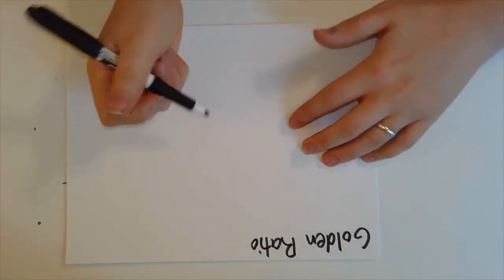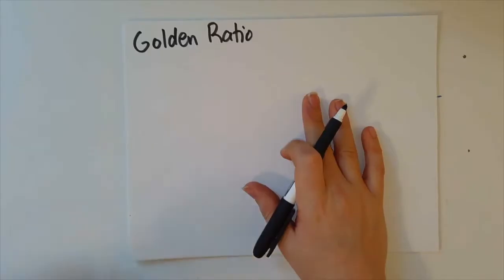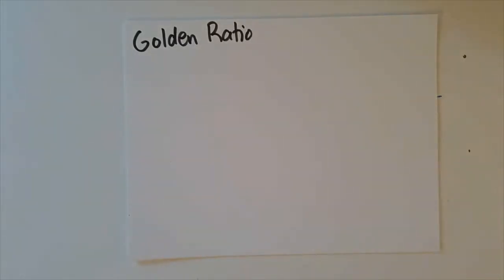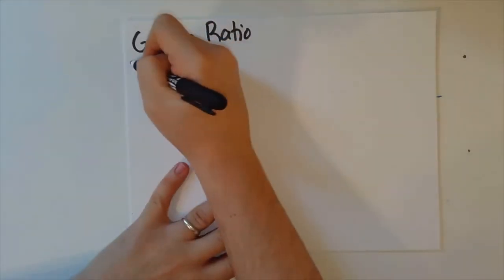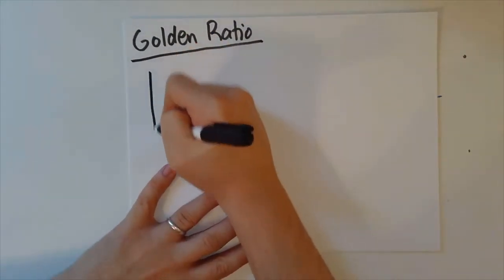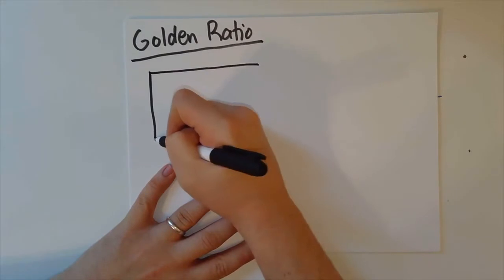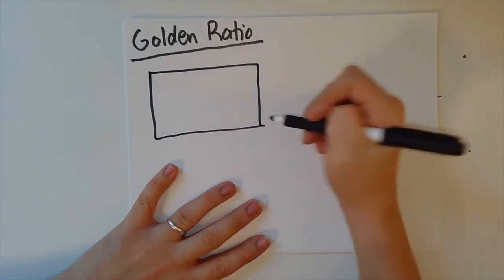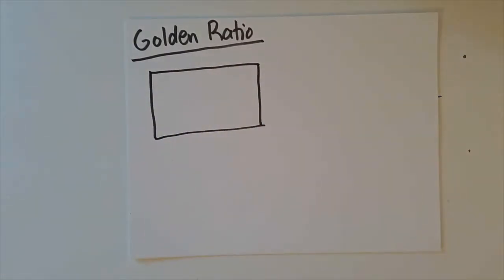Okay. So, noting that that's upside down, it's now right side up, very fancily. So what is the golden ratio? You might think of it as this sort of shape of rectangle that purportedly is the most beautiful shape of rectangle.